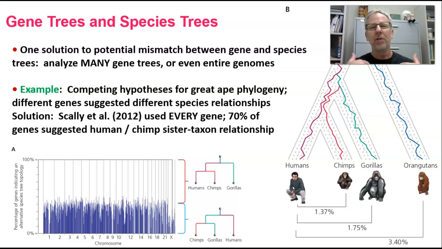And by doing that, the overall weight of evidence from the totality of all the gene trees should steer us closer, as close as we can hope, to the true species phylogenies.